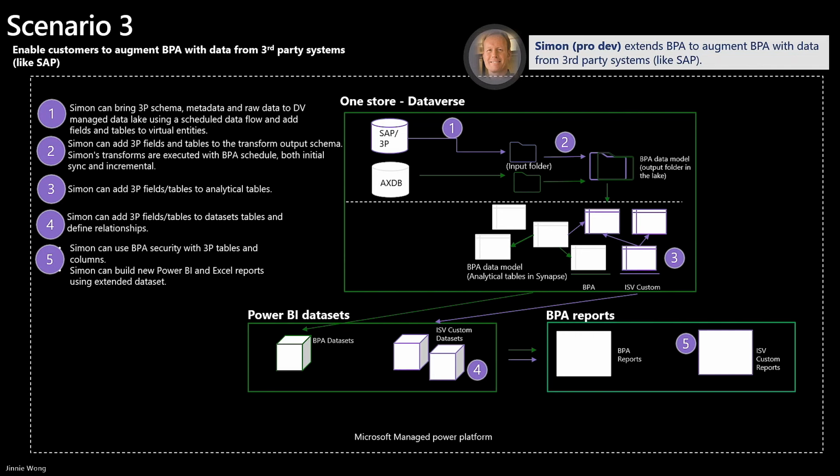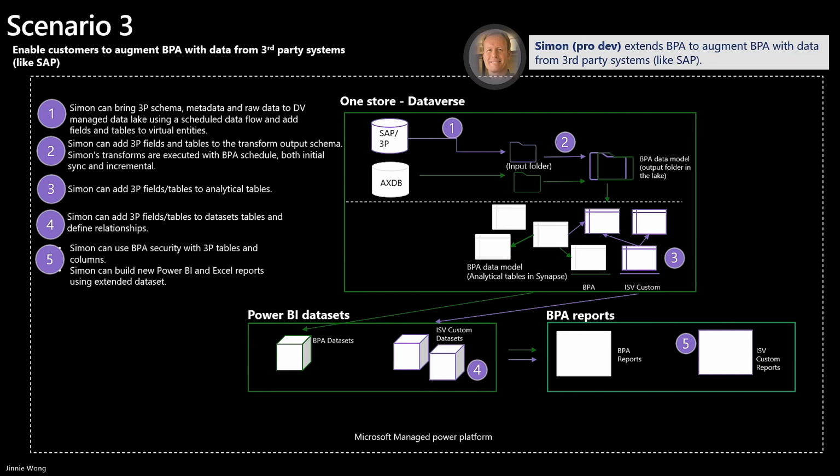Once that's there, we are following the process. We take a look at action number 3, where we can add our third-party fields and tables to the analytical tables. Once this is done, we take a look at the data sets. We go add these tables and fields. We can define relationships to make our data sets work with third-party data. We import it into Dataverse.